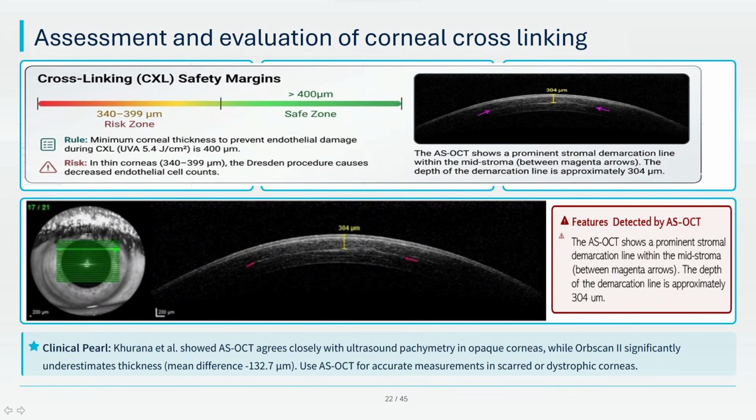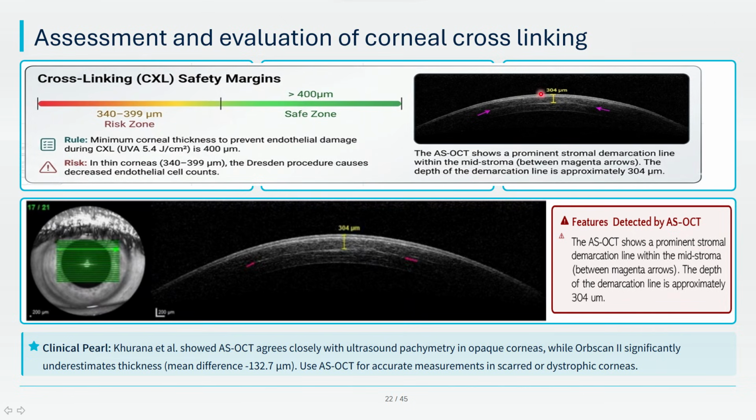Okay, this is another application for the anterior segment OCT, based on its high resolution and its quantitative biometric data: to assess and evaluate cross-linking cases either before or after the procedure. As you know, we used to say that the safety margin for doing cross-linking to protect the endothelium is 400 micrometers.